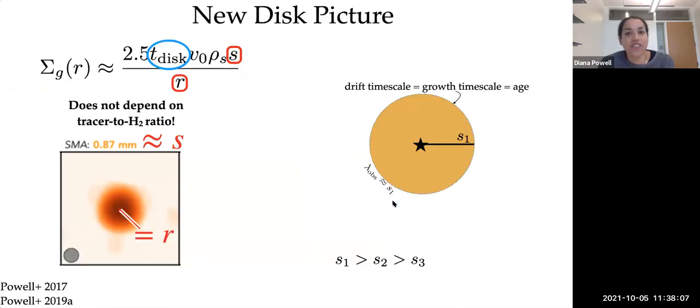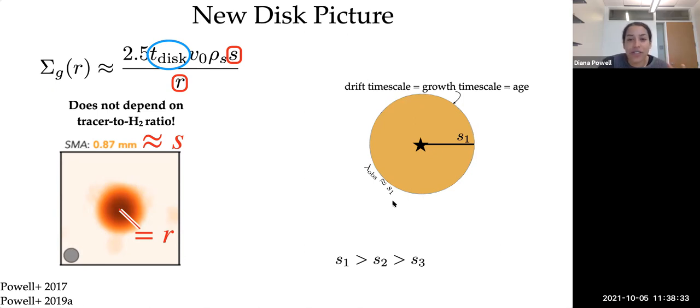Okay, so because the maximally sized particle has a drift timescale that's roughly the age of the system, we can use this information to now determine the surface density at a given radius if we know the maximum particle size at that location. So we can infer the particle size if the observed wavelength corresponds to the primary particle size contributing to the observed emission at the disk outer edge.